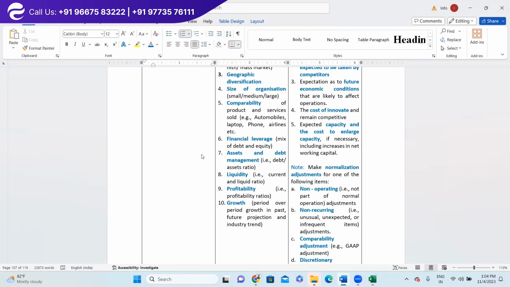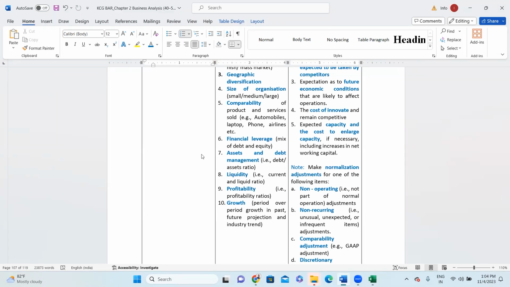Next is liquidity. So what is liquidity? Is it the current ratio and liquidity ratio? What is the difference between current ratio and liquidity ratio? Any idea? The current ratio is current assets upon current liabilities. Yes. What is liquidity ratio? Liquid assets divided by current liabilities.